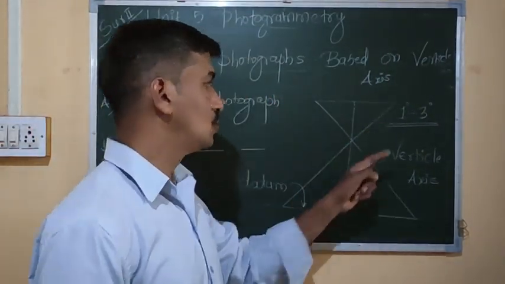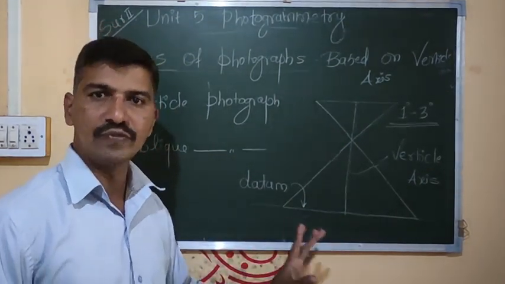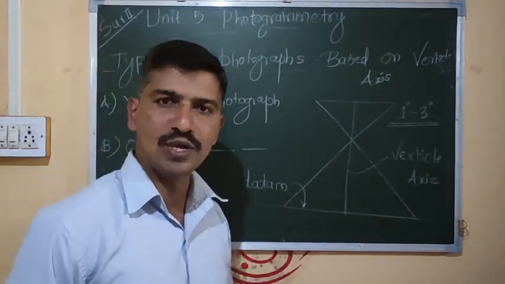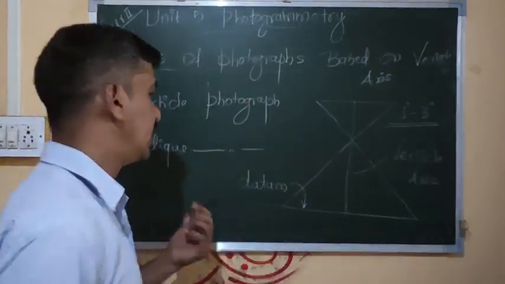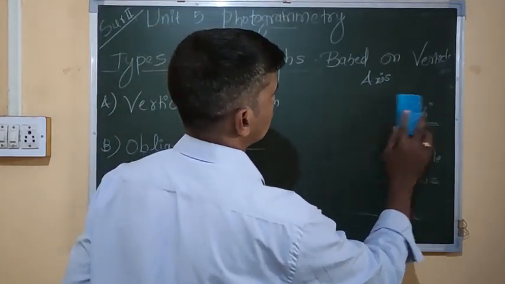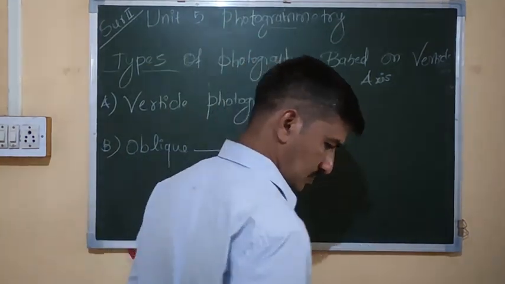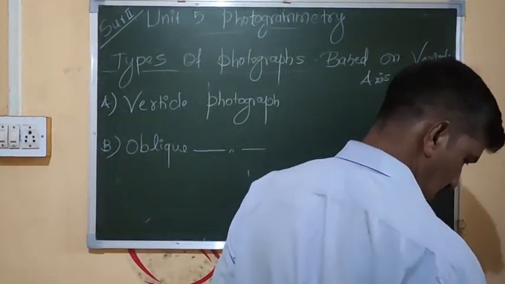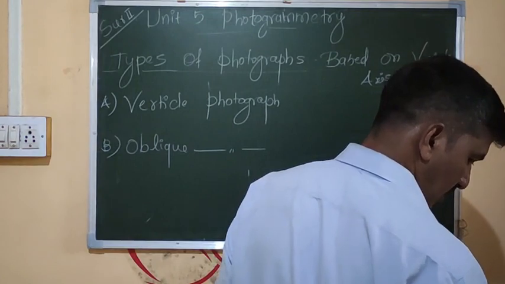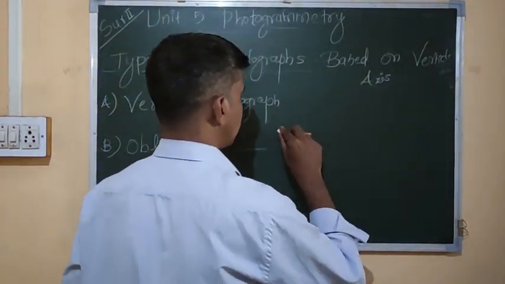I am going to draw a second figure where we will see that the vertical axis may not be truly vertical and it may not be truly perpendicular with the datum surface. Oblique aerial photographs.